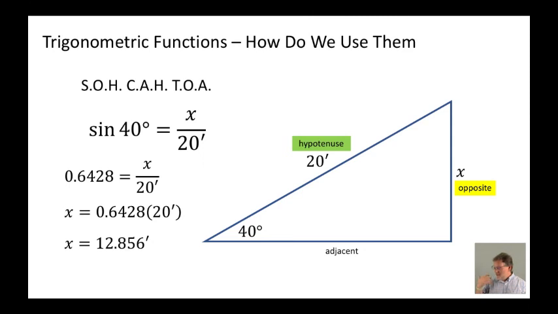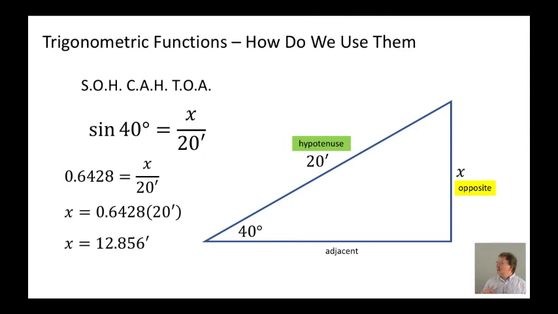Let's put in 40 degrees and find the sine of 40 degrees. That's 0.6428. I generally round trig ratios to 4 decimal places; it's really a habit more than anything. So 0.6428 equals x over 20. How do we solve for x?